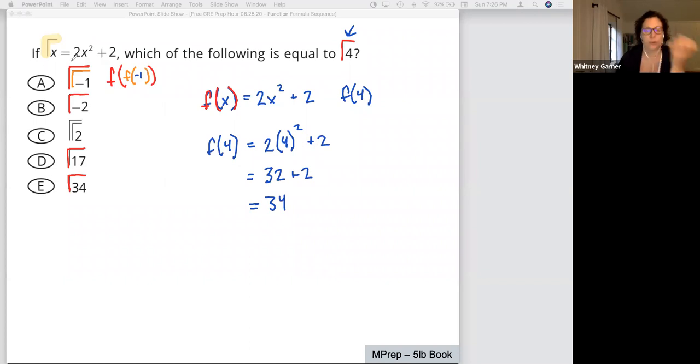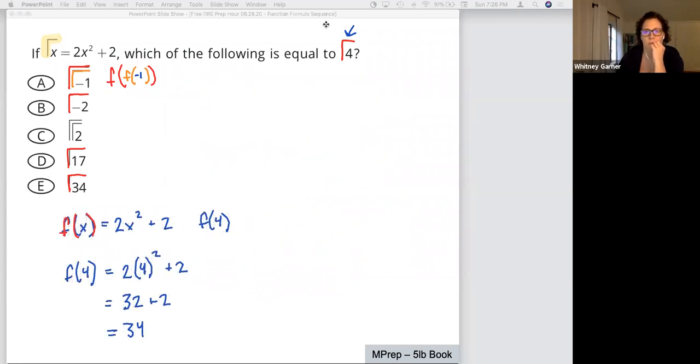They're just giving you weird notation to make it more complicated. So if what I know is that f of 4, or this weird bracket symbol of 4, is equal to 34, I want to look for an answer choice that, once I start plugging stuff in, and the layered ones are going to be more complicated, is going to give me the same 34.